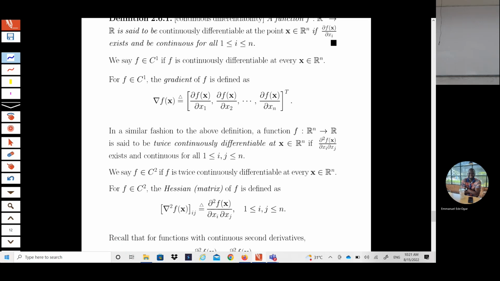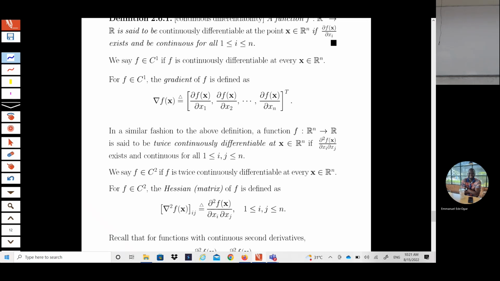When the function is differentiable, the derivative may or may not be continuous. But when the derivative is continuous, then the function is said to be continuously differentiable.